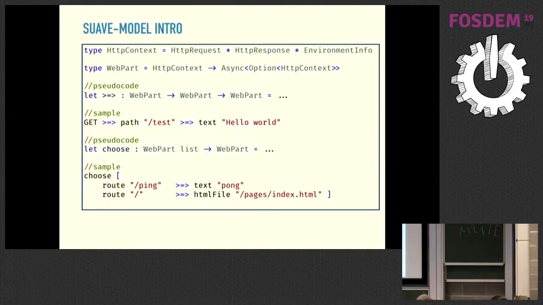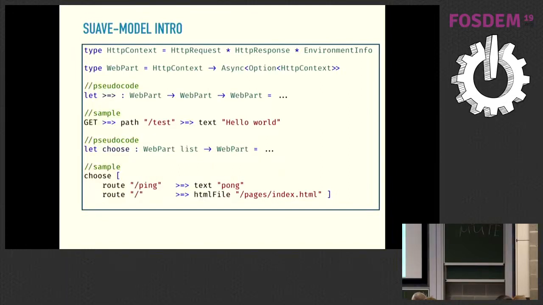So the abstractions. Let's imagine this is F# code, but it should be fairly simple. It's almost like pseudocode. So I hope that it will be clear. Let's imagine that we have a type HttpContext that contains three elements: the incoming HTTP request, the current state of the HTTP response, and some additional info about the server, environment, and so on.